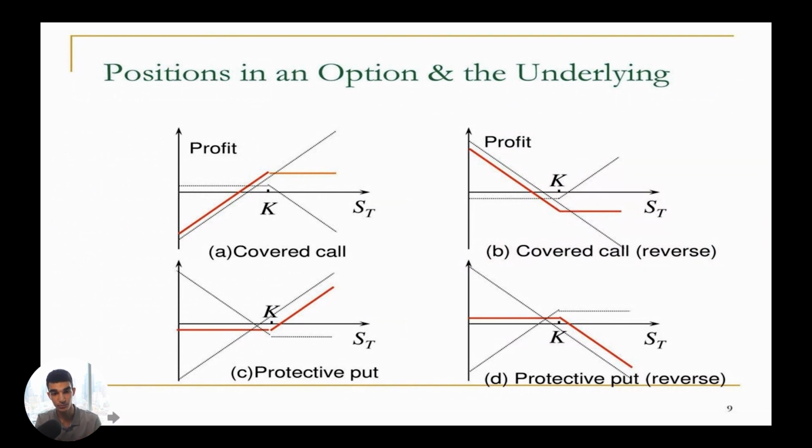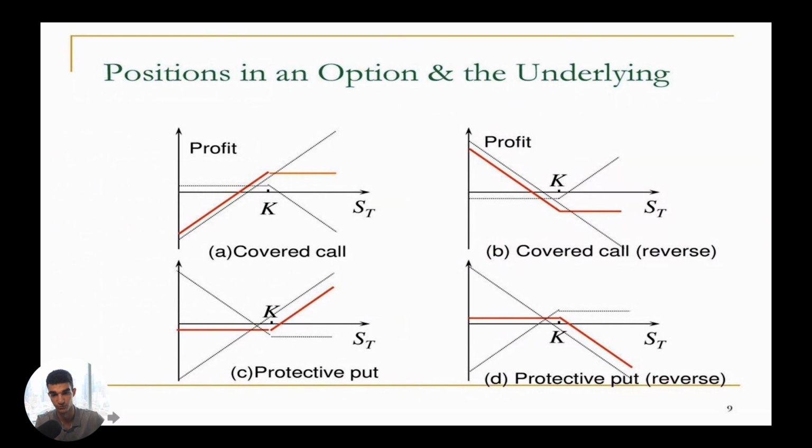So you're making more money if the underlying is below K than just holding, but you will have a limited upside in case the underlying goes above K because you sold that call option. So these graphs here just show how combining positions, you can draw the combined payoff of a position.